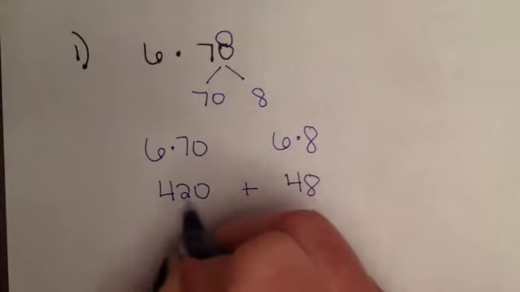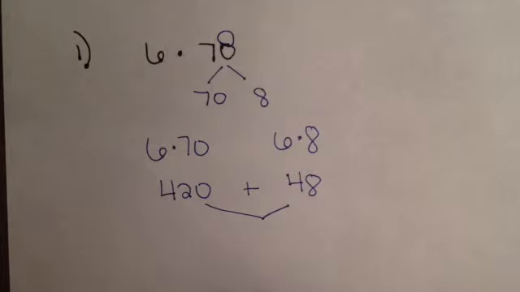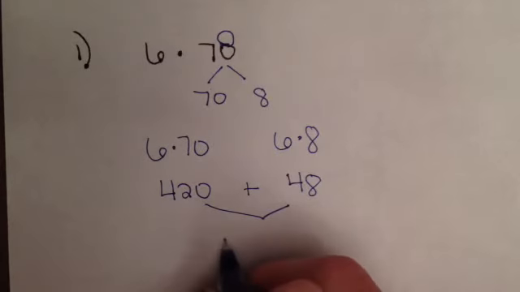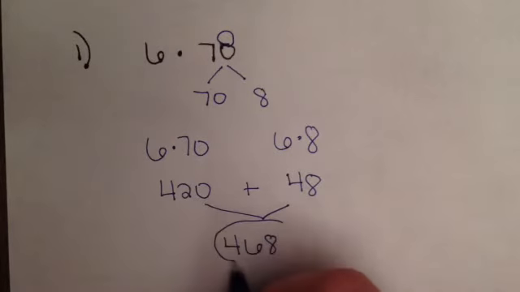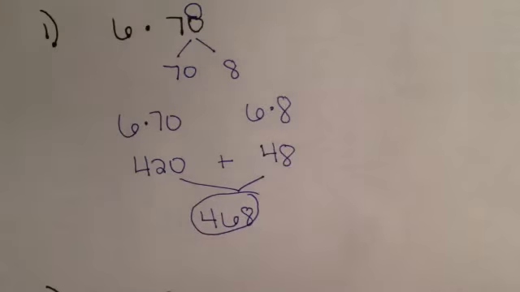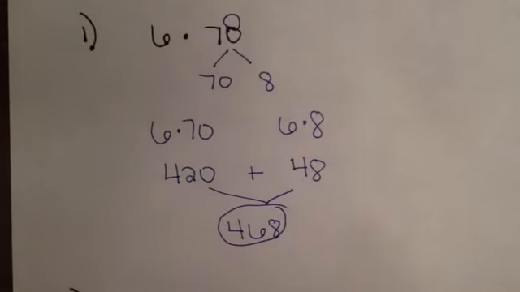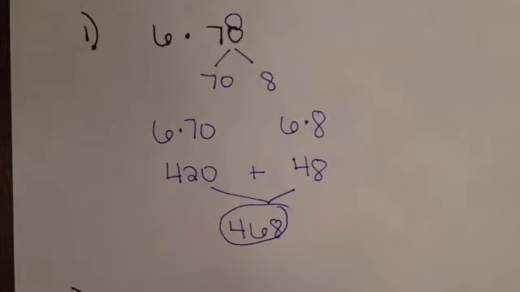Put these pieces back together for 468. That distributive property can help us do some quick and easy multiplication.